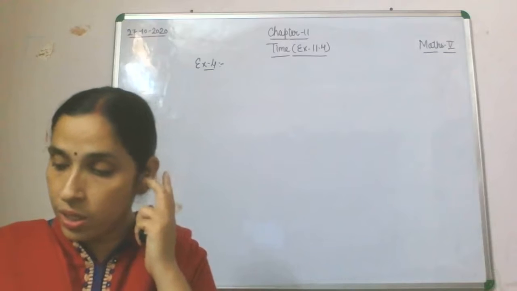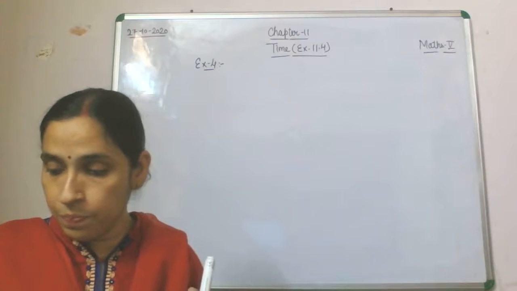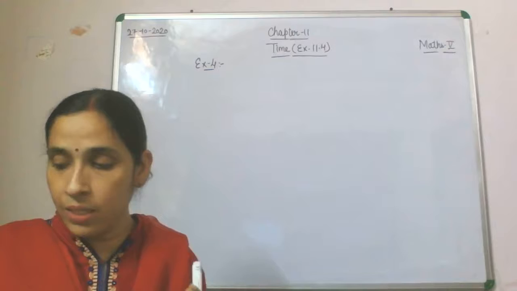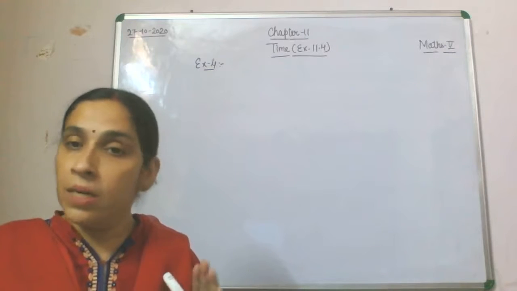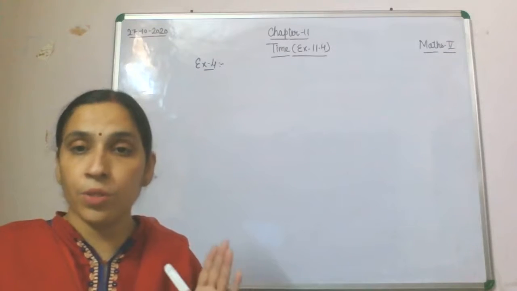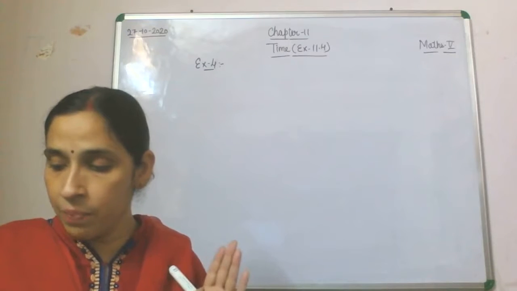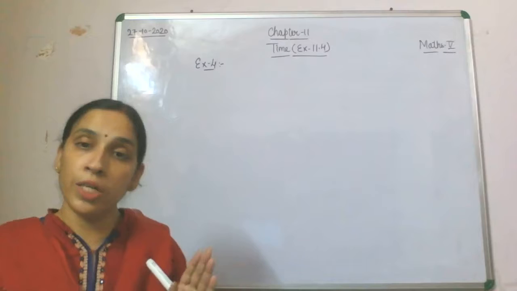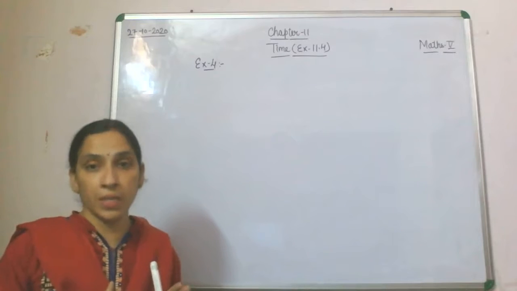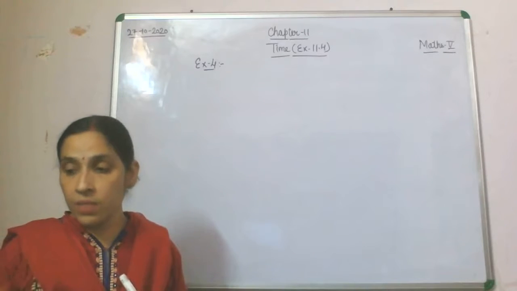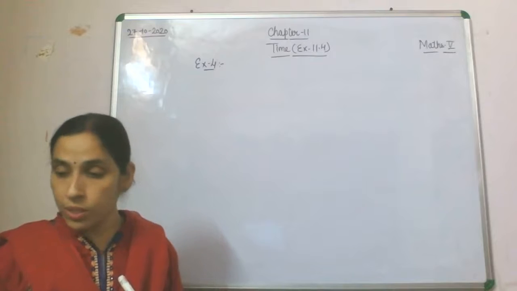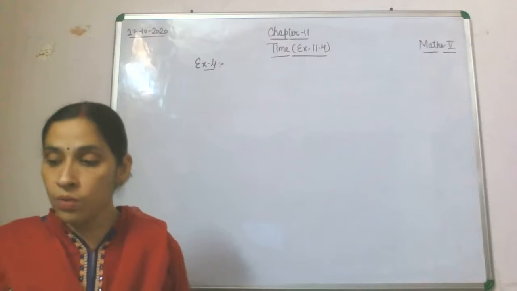On Saturday, that train leaves from Delhi at 6:10 am. It means the total duration of Saturday you are going to find out, and then after that you are going to find out the total duration. So how will we do it?